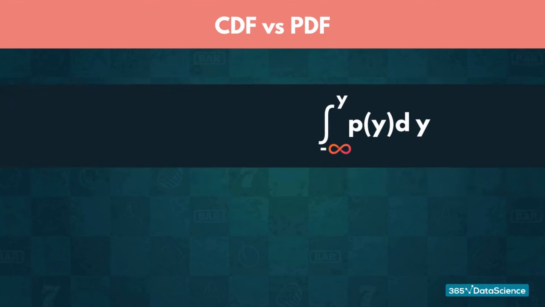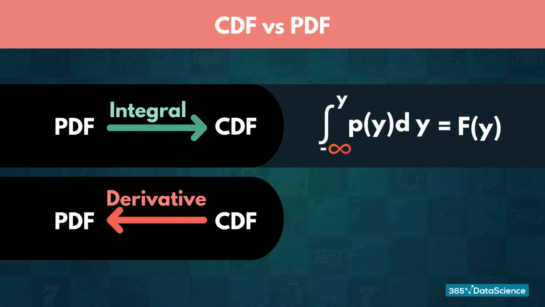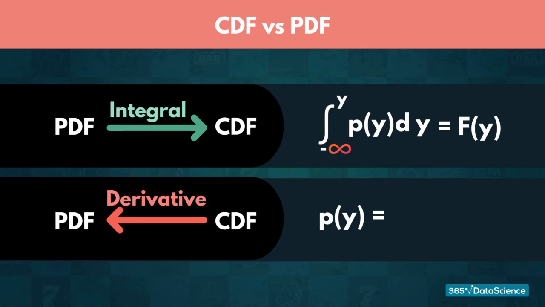This gives us a way to obtain the CDF from the PDF. The opposite of integration is differentiation. So to attain a PDF from a CDF, we would have to find its first derivative. In more technical terms, the PDF for any element of the sample space y equals the first derivative of the CDF with respect to y.